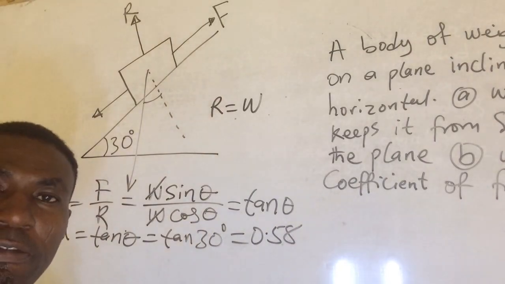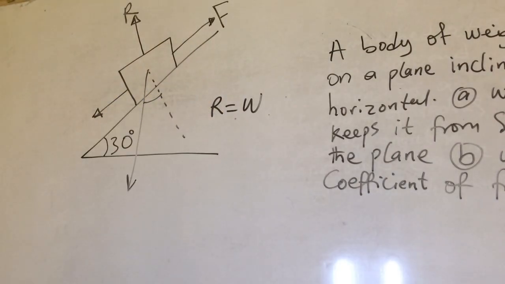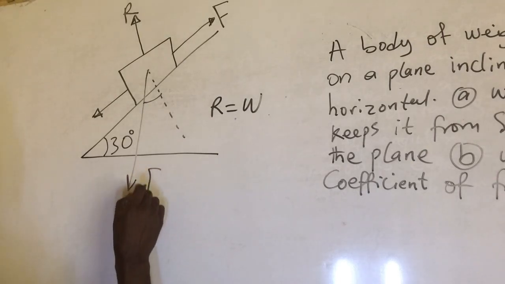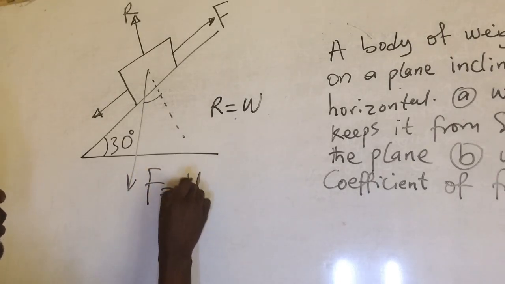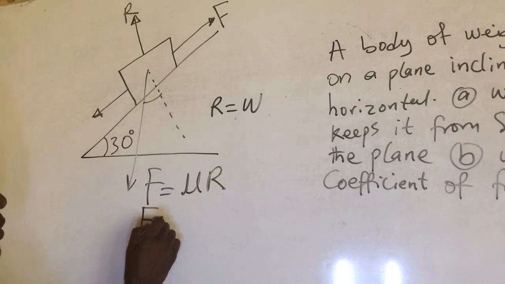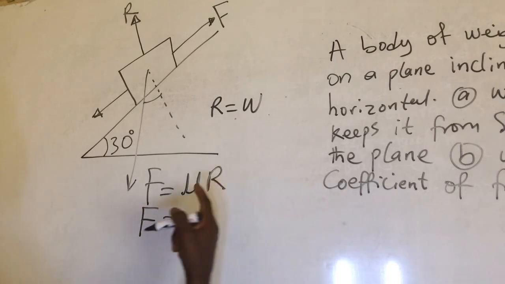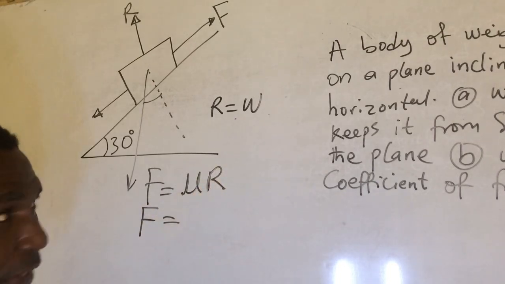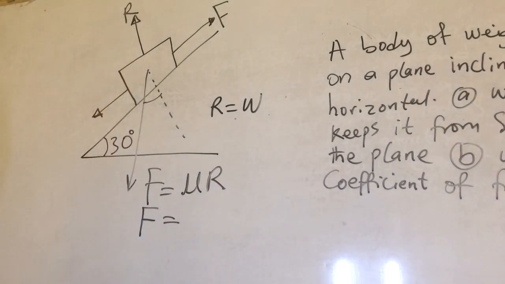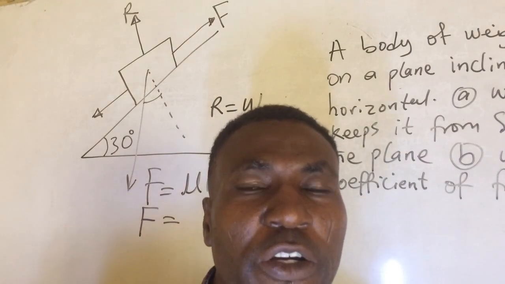Now let us calculate the frictional force. The frictional force is equal to mu times R, where mu is the coefficient of friction and R is the normal reaction of the body, which is equal to the weight of the object.